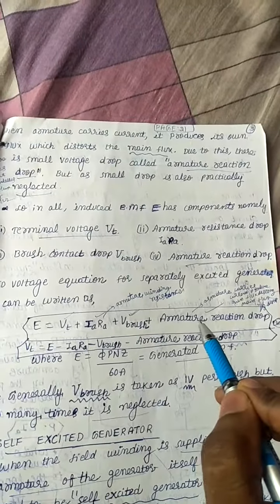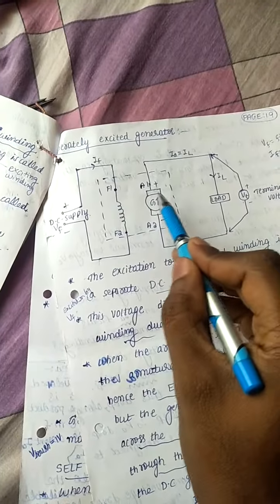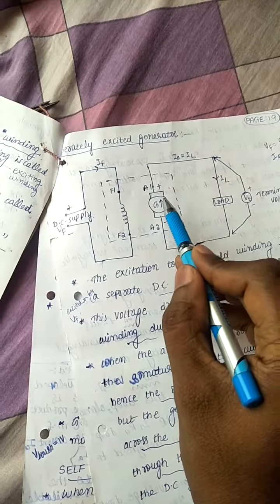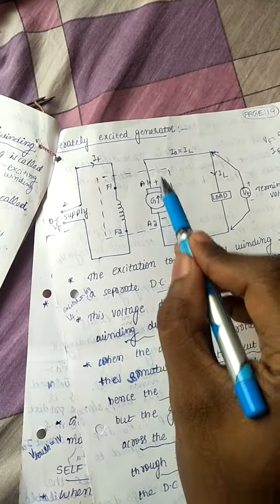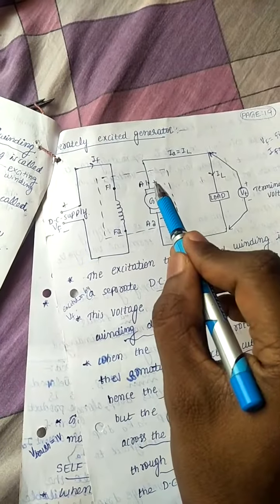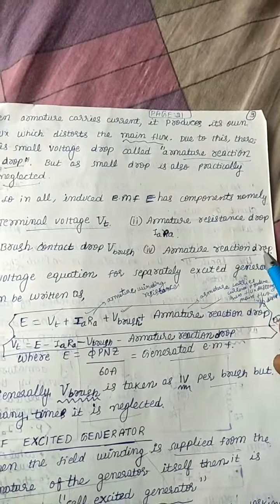Then you have armature reaction drop, which means when the armature carries a current, it creates its own flux. That flux destroys the main flux. Therefore there is a voltage drop across the armature, which we call armature reaction drop.